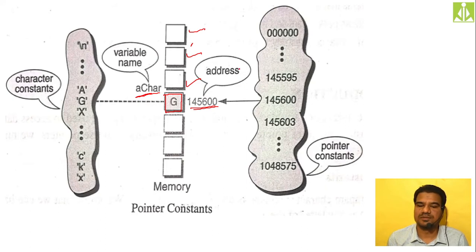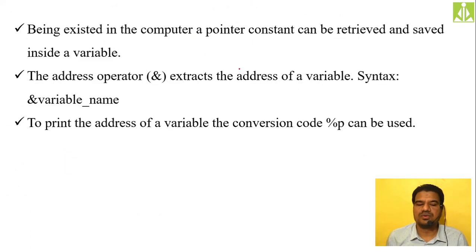So remember this one. Now, how can we get the address of a particular variable? We have done this many times before. To get the address of a variable, we use this symbol, which we call the ampersand symbol.